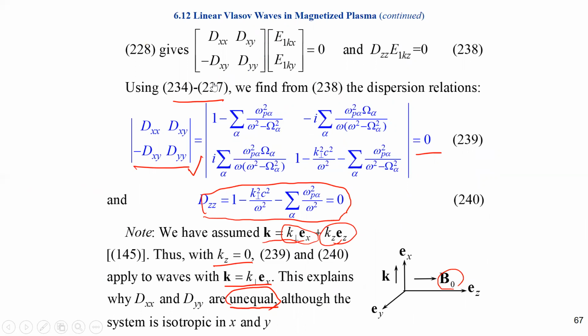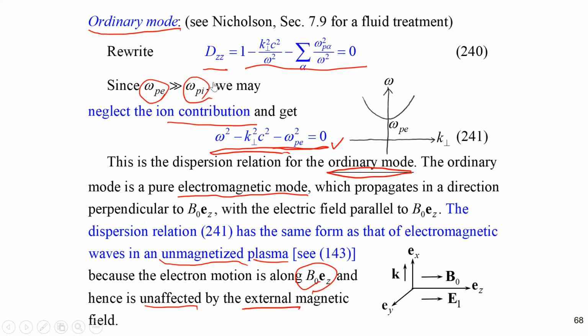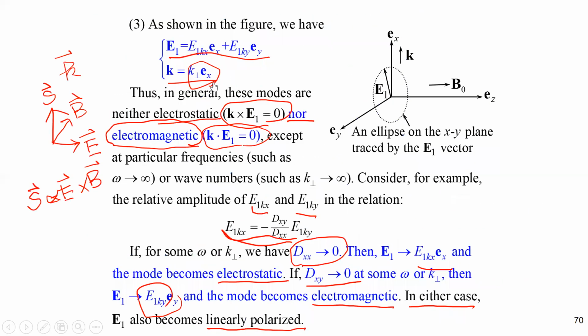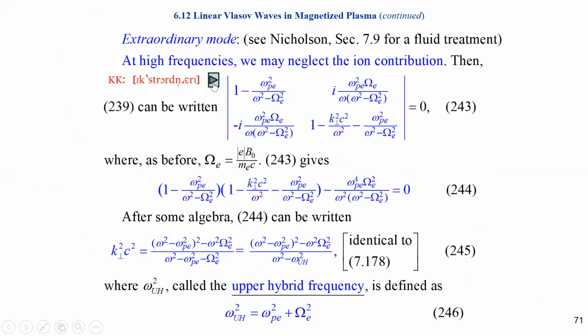So from 239, this mode is actually very special, very strange. Therefore, we give it a name. At high frequency, we may neglect the ion contribution. Then 239 can be written as this one.